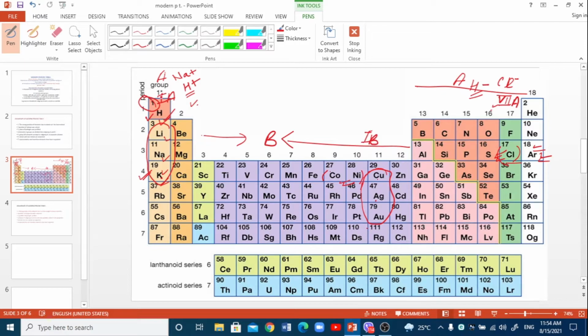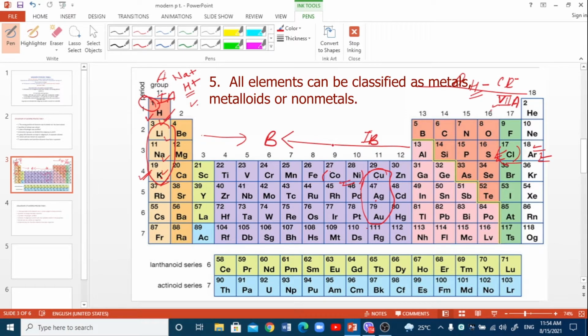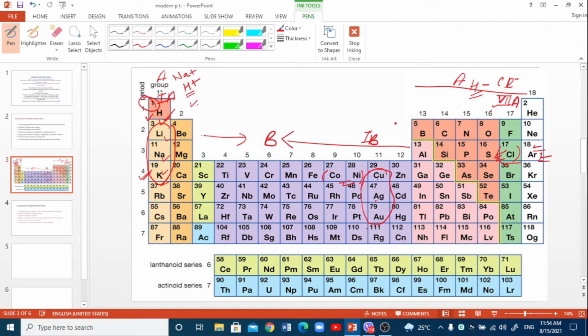Okay. Now next, it separates metals from non-metals. You see, metals are on the left side of the table from the 12th number onward. These are all metals.